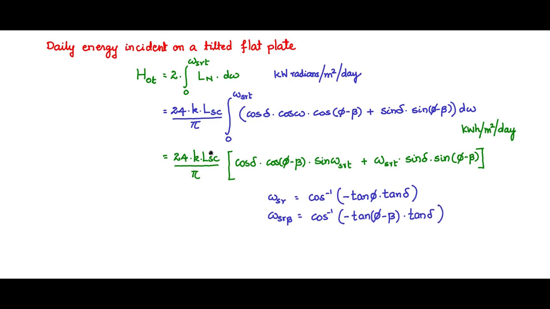Now this would be the sunrise hour angle with respect to the tilted horizon, which is tilted at an angle beta with respect to the horizon of the place at latitude phi.